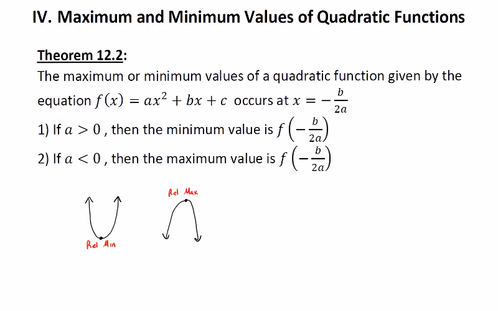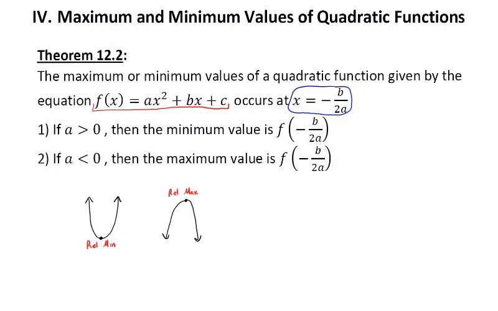So it says the maximum or minimum values of a quadratic function represented in standard form, so we have some standard form equation, occurs at x equals negative b over 2a.